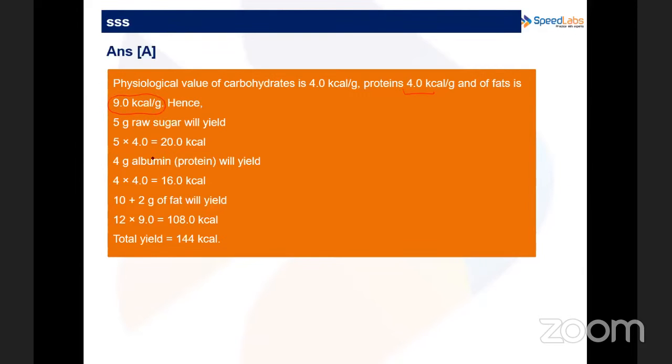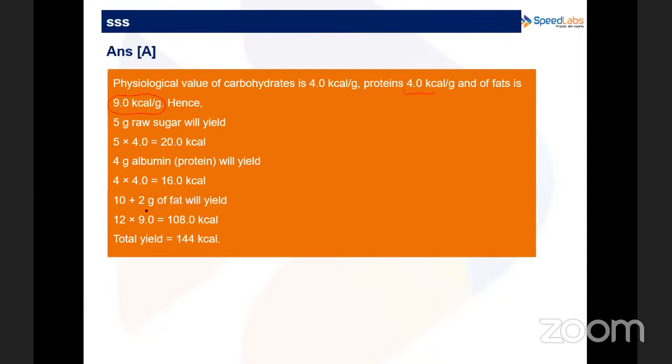Hence 5 gram of raw sugar. What is sugar? It is a carbohydrate. Hence 5 into 4, 20 kilocalorie will be provided by raw sugar. 4 gram of albumin, a plasma protein, provides 4 kilocalorie per gram, so 16 kilocalorie.